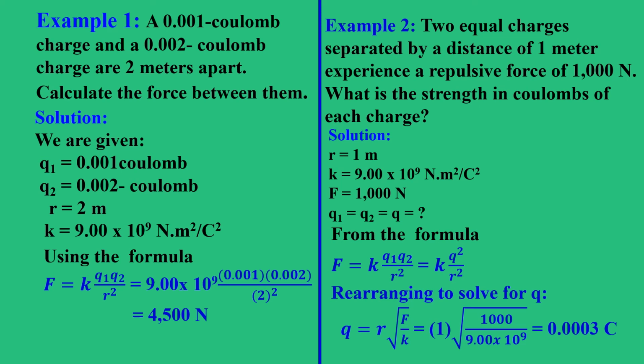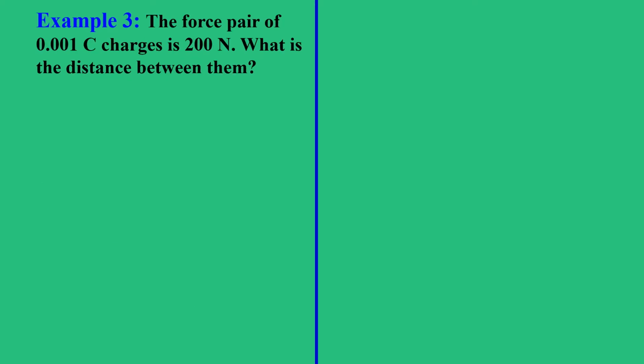Rearranging to solve for Q, Q is equal to R times the square root of F over K. Substituting the values and simplifying, the result is Q equals 0.003 Coulomb, which is equal to Q1 and also equal to Q sub 2.